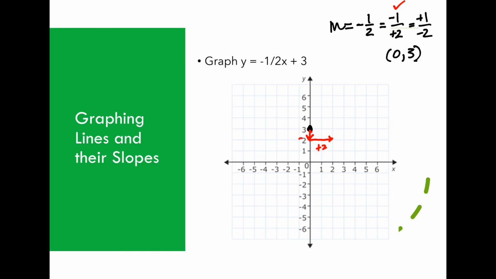If I move down 1, I need to move to the right 2, put a point, but I can also go in the other direction, up 1, following this one, and I can do that as long as I move back 2. +1, -2. And there we have our line.